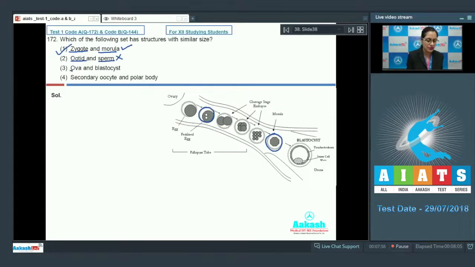Option number 3 is ova and blastocyst. Ova or egg will form morula. And with the formation of blastocoel in morula, it is converted to form a structure called blastula, or also known as blastocyst in case of humans. So ova and blastocyst share different sizes. So this cannot be a correct answer. Option number 4 is secondary oocyte and polar body.